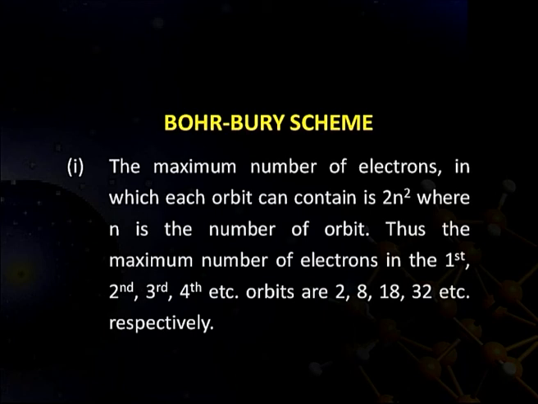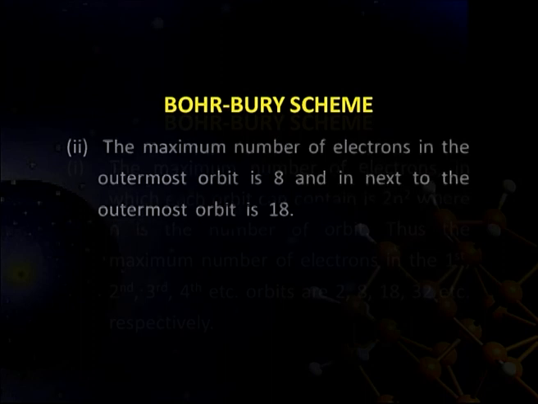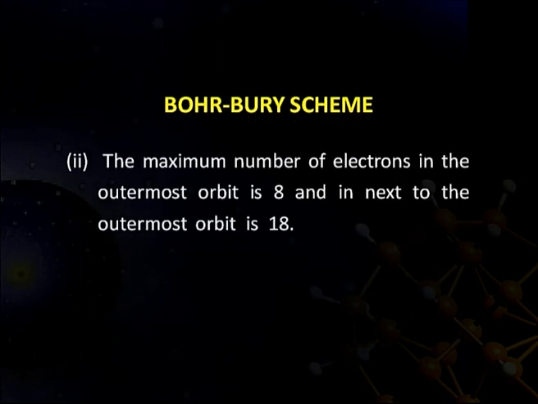Thus, the maximum number of electrons in the first, second, third, fourth orbits and so on is 2, 8, 18, 32 respectively. The maximum number of electrons in the outermost orbit is 8 and in the next to the outermost orbit is 18.